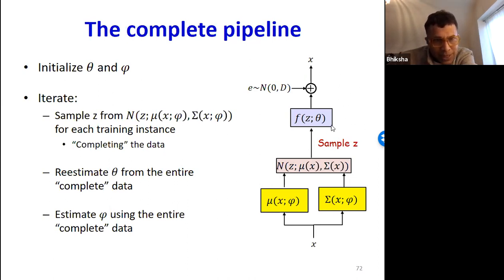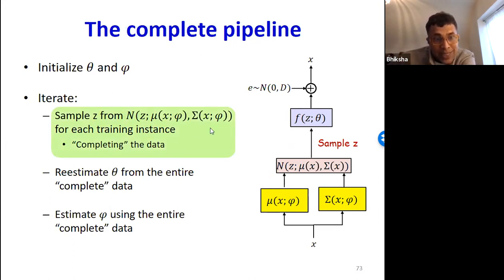Then I'm going to estimate theta using X and Z, using the formulation we saw earlier. And then I'm going to use this new theta to go back and update my phi, because every time you update the parameters of your model, the posterior distribution p of z given x must also be updated. So this is the overall process.